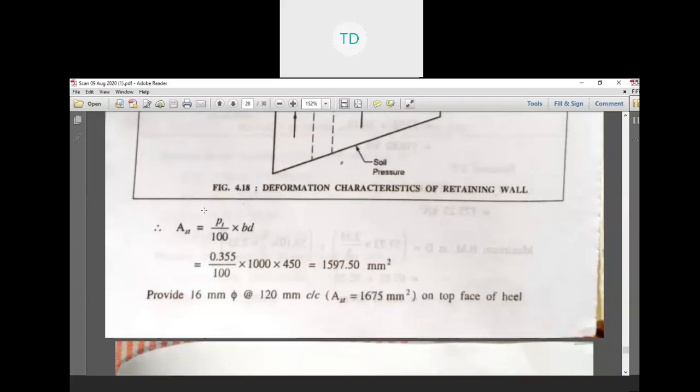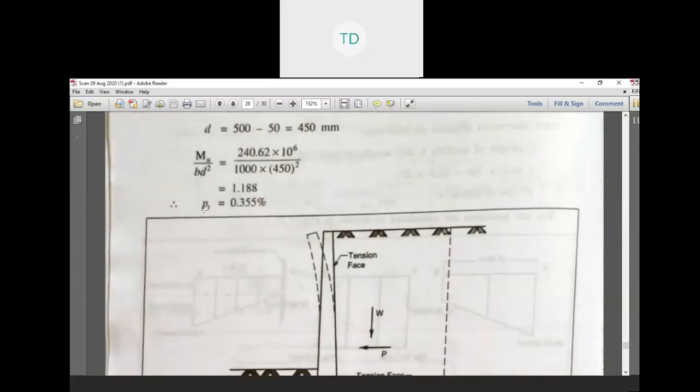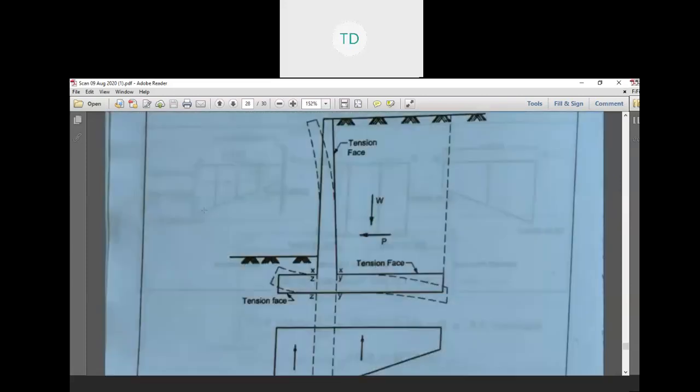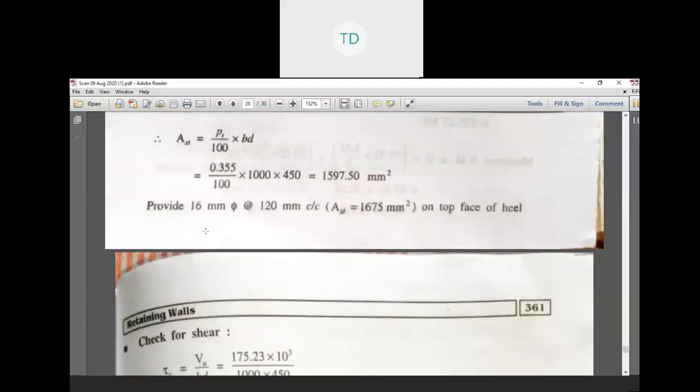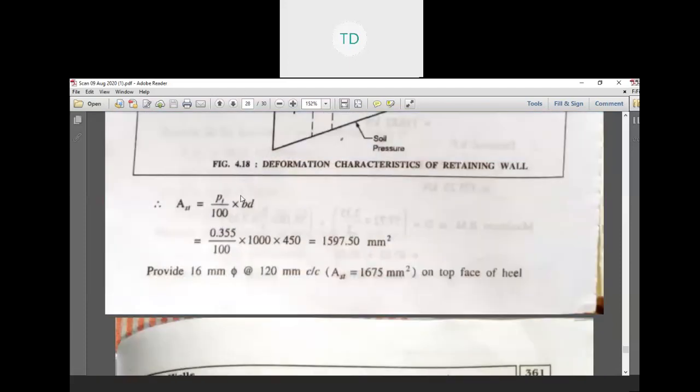By calculating Ast, we get pt divided by 100 into bd, we get 1597.50 mm square.